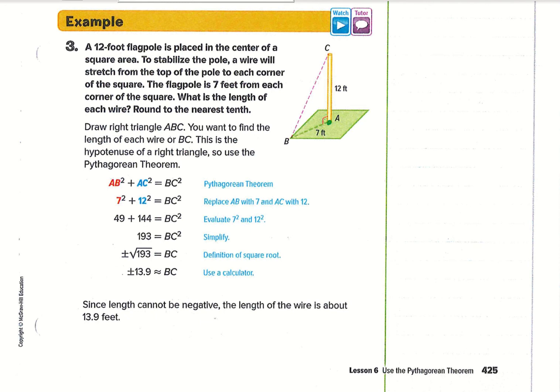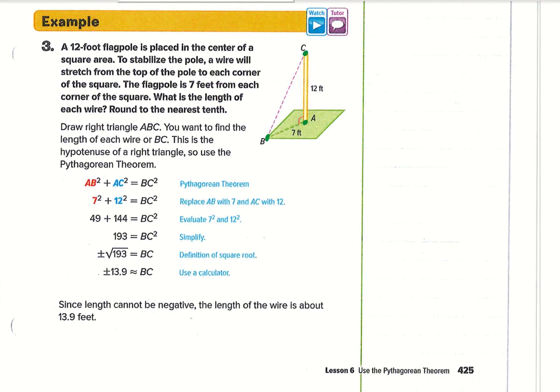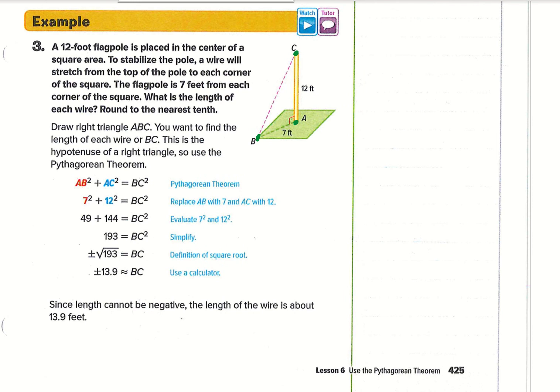So this angle is A, the angle up here is C, the angle down here is B. That means we need to figure out which side is opposite of the right angle. Our right angle is down here, so the opposite side is going to be up here, which would be this one right here. So that red side that I just drew on there is going to be our hypotenuse for this problem.